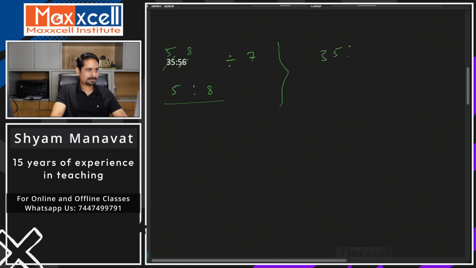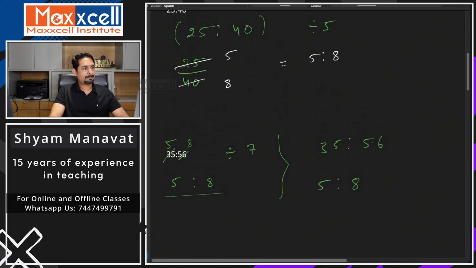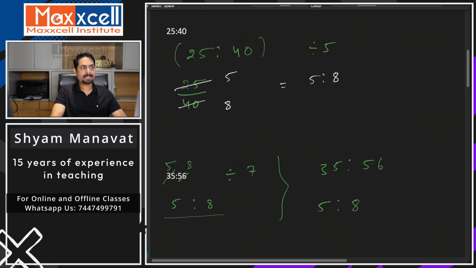35 is to 56. Pay attention here. 35 is to 56. They are in the ratio of 5:8. And previously we have seen 25 is to 40 is also in the ratio of 5:8.